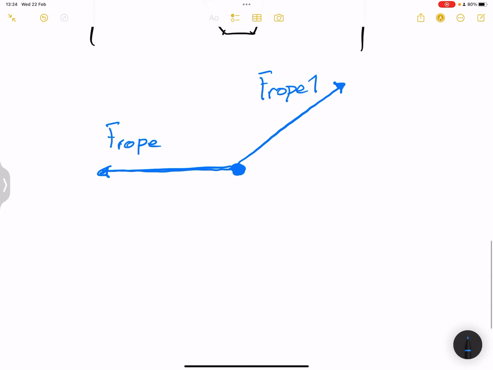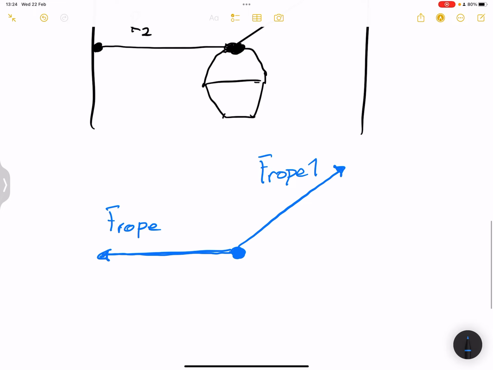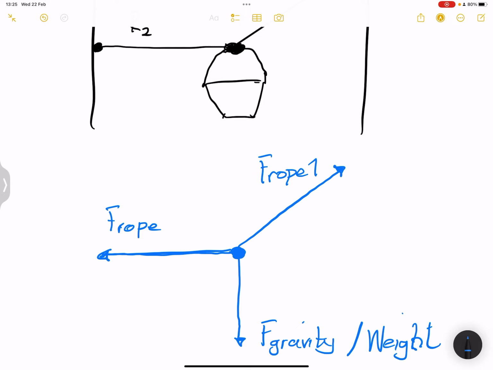But in this case, remember that this thing is hoisted up, meaning it's suspended, and therefore there would be an additional force, the force of gravity, which we usually call the weight of the object. So there it is.